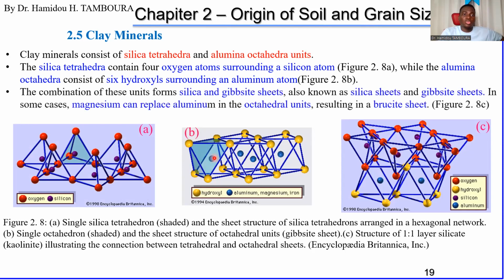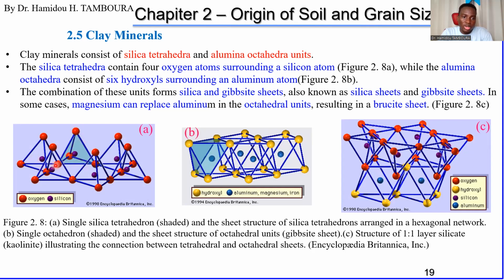So when we combine these units, we can form silica and gibbsite sheets. When you see here, this is 1 tetrahedron.